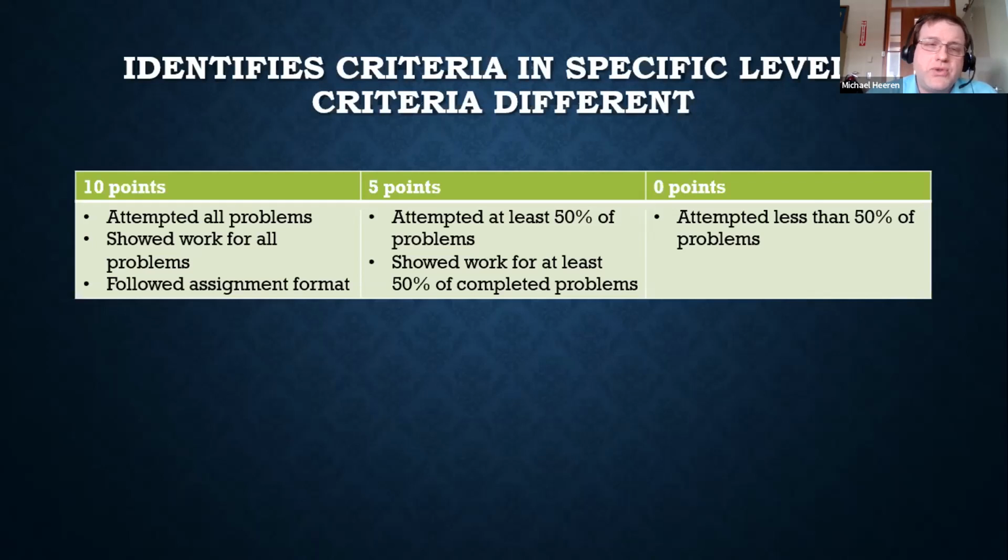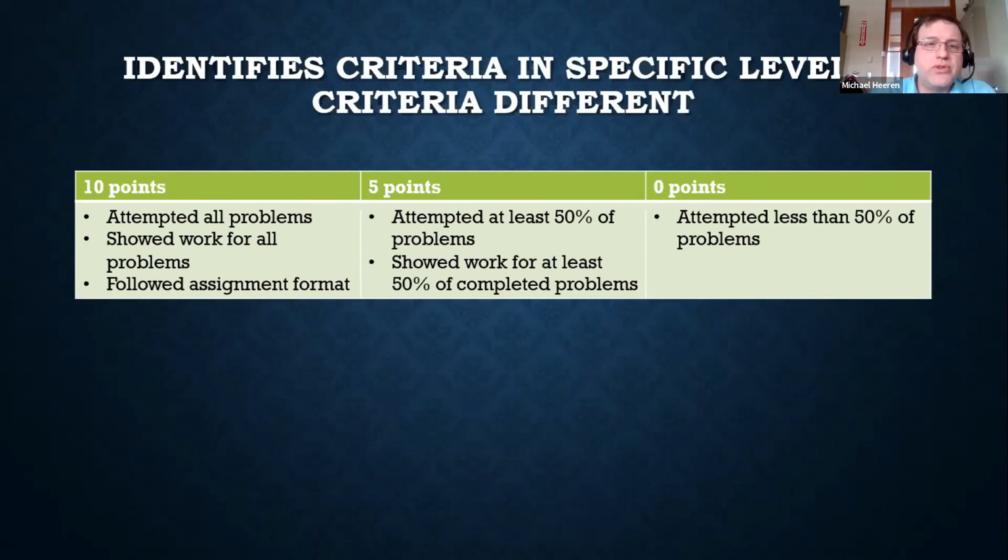Now, if they didn't do that, let's say they didn't attempt all their problems, then we come over here and look at 5 points. Does the student at least fit in here? Attempted at least 50% of the problems, and showed work for at least 50% of the problems. Notice the phrase in here, at least.